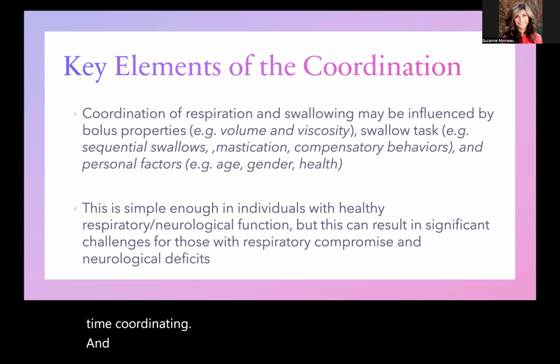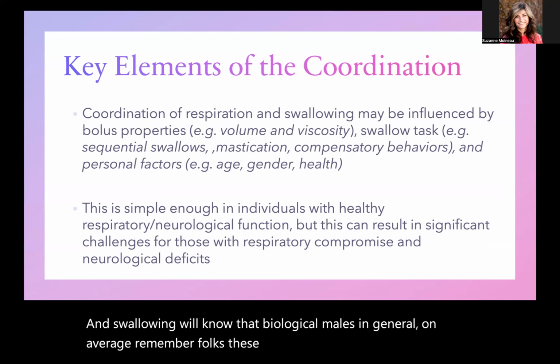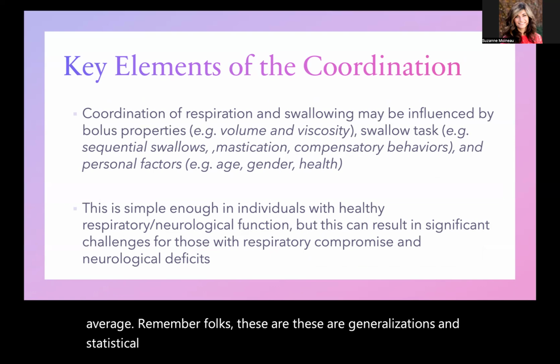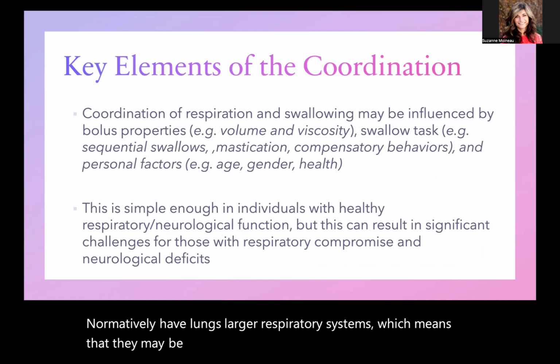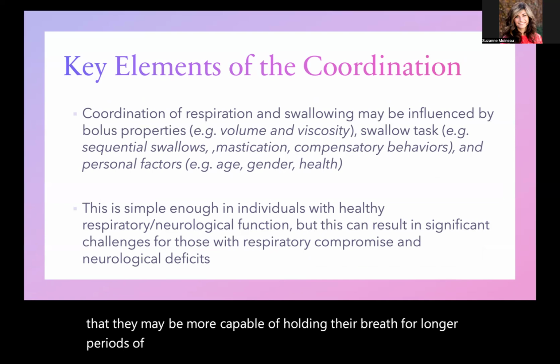We'll know that biological males in general, on average, remember folks, these are generalizations and statistical norms, but biological males normatively have larger lungs, larger respiratory systems, which means that they may be more capable of holding their breath for longer periods of time to coordinate this.